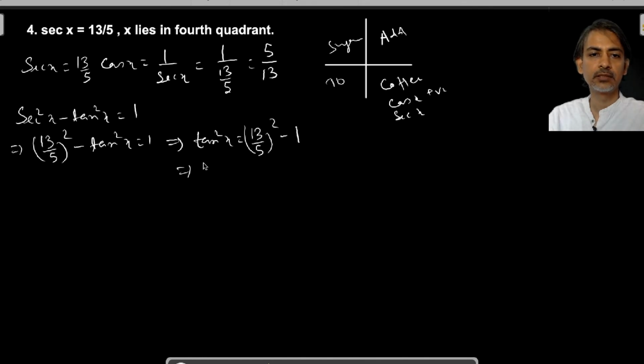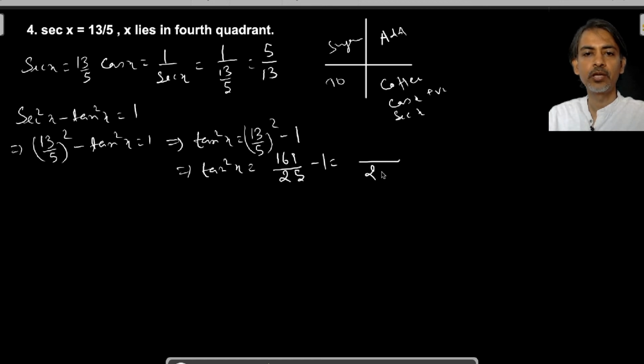This implies tan square x is equal to 169 divided by 25 minus 1. 25 will be the LCM, and it will be 169 minus 25, which will be 144 upon 25.